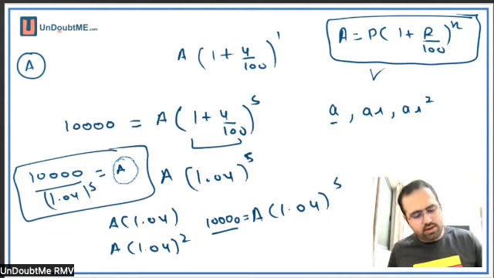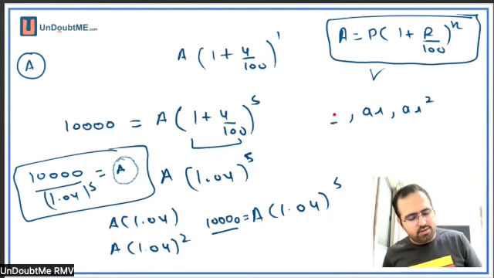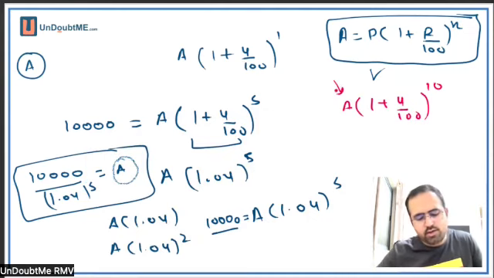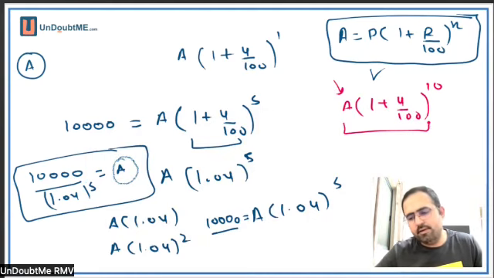And then later on, you will use it for 10 years. So for 10 years, what you will do? You will just do A times 1 plus 4 by 100 to the power 10. The A value you have already obtained, so you can put it over here, and then you will get the amount which you will get after 10 years. Clear?